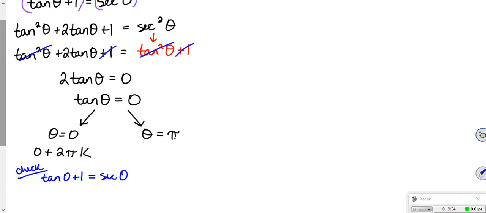Well, tan of 0 is 0 plus 1 equals secant of 0 is 1. So 1 equals 1. This works. That's one of my answers.